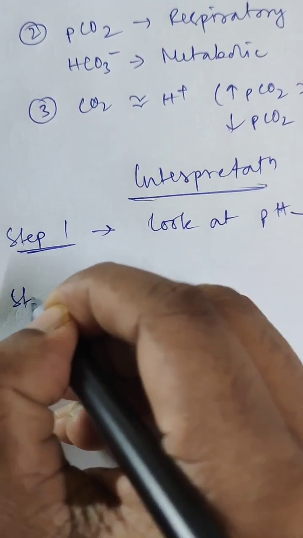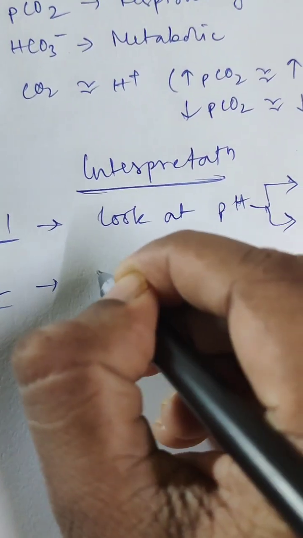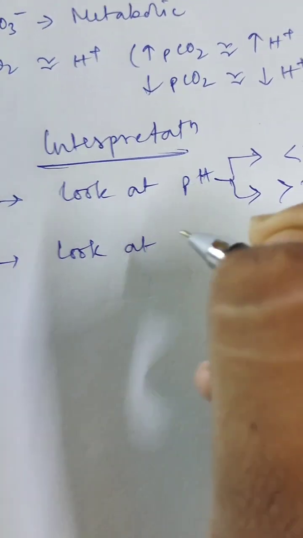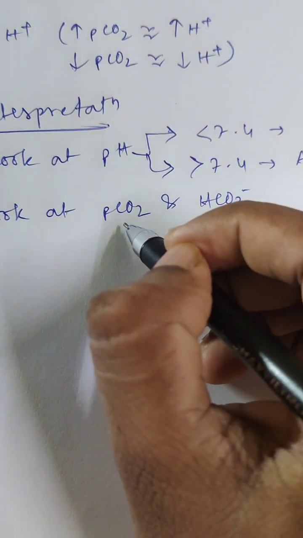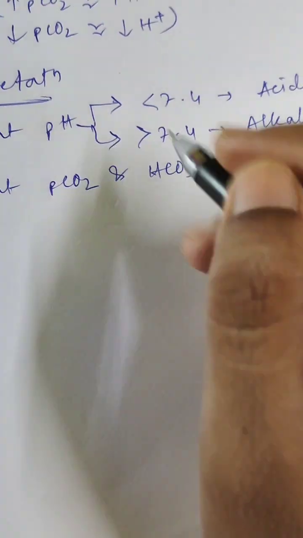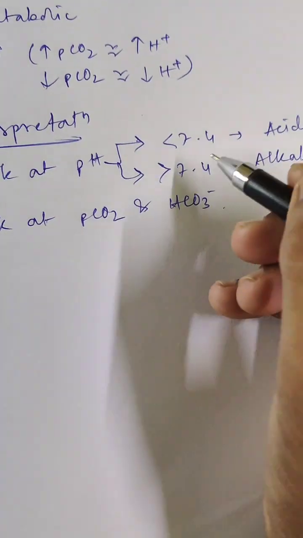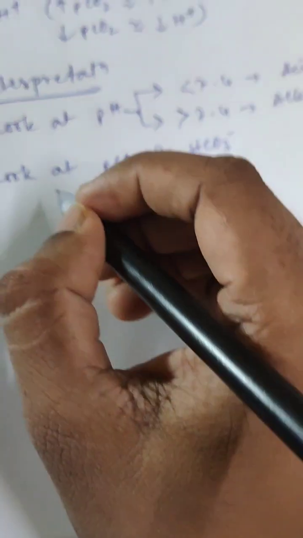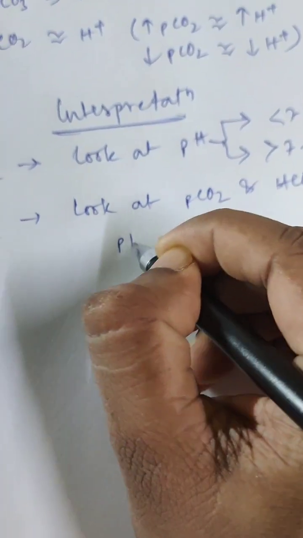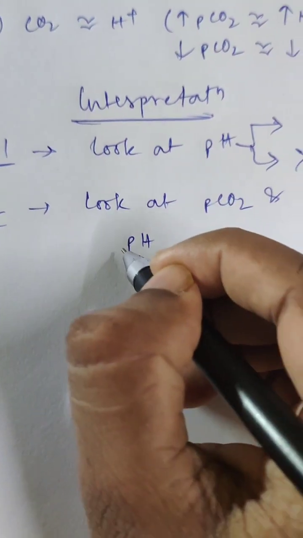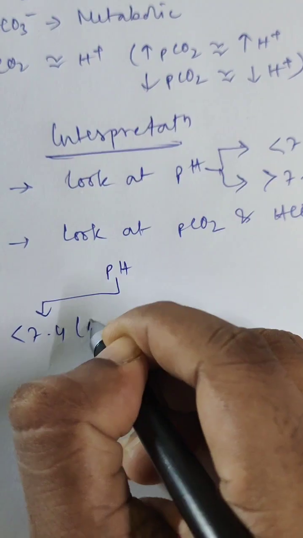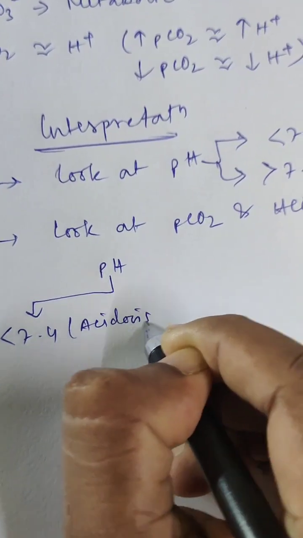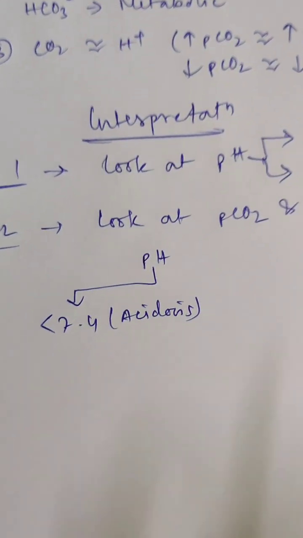Then step 2 will be to look at PCO2 and bicarbonate, and see which value, PCO2 or bicarbonate, is favoring the pH value. Suppose the pH value has come as less than 7.4, that means it is acidosis. Now how can acidosis occur?